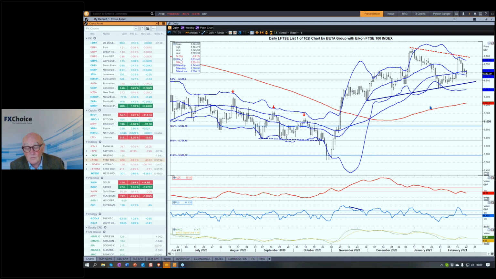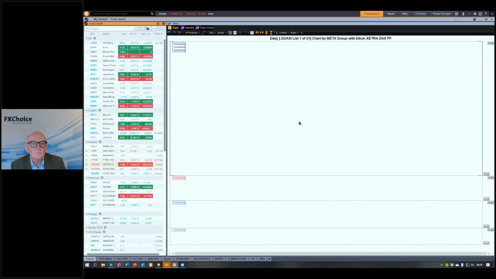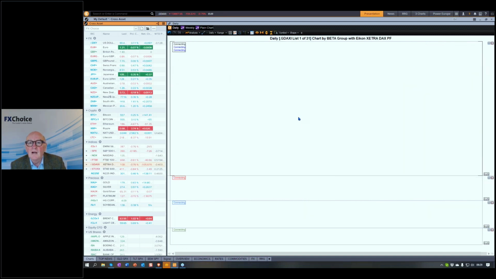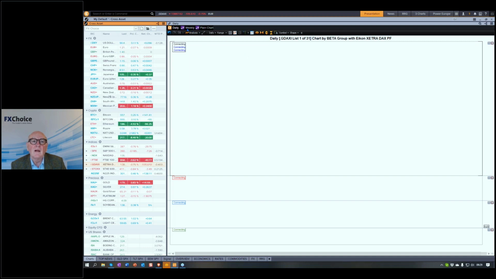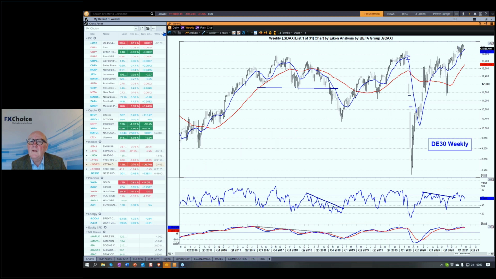I said last week, it's surprising how well the UK 100 is doing, given that sterling is so strong. But reality took over here, and we pulled back in here. Just in passing, watch the German index. It is testing important highs here.